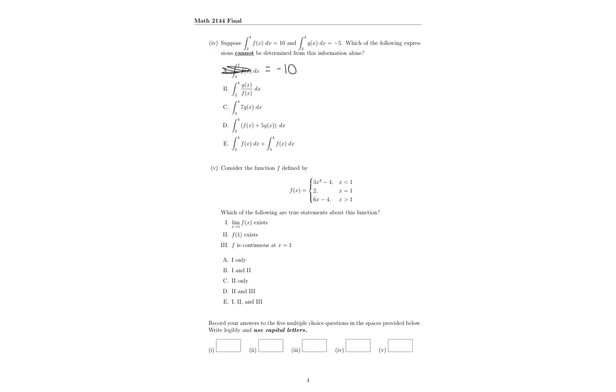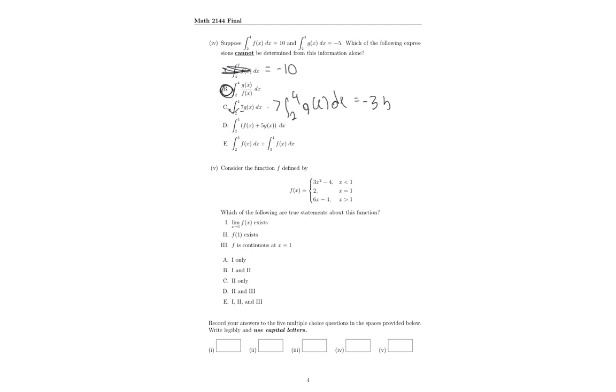But let's just say you didn't realize that was the answer. Well, let's go ahead and show that you can do the other ones. If you have a constant, you can move that outside. So 7 times the integral from 2 to 4 of g of x dx, which we know, is minus 35. For this one, your integral is linear.